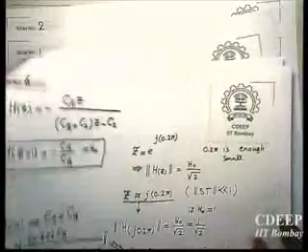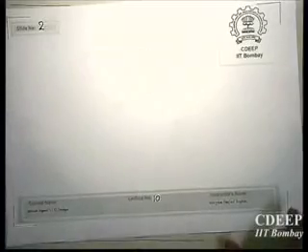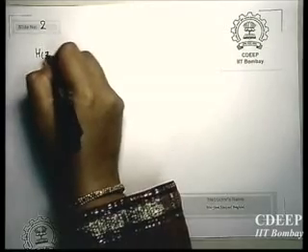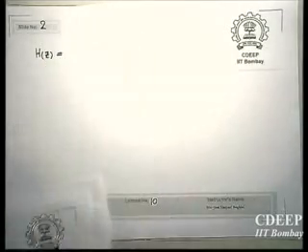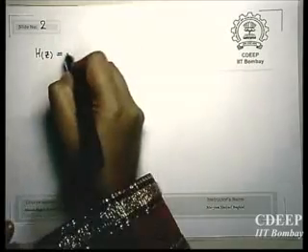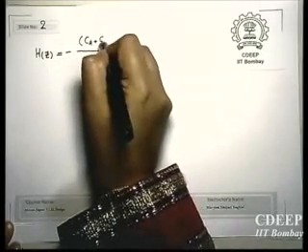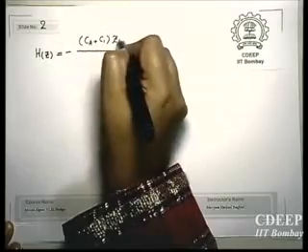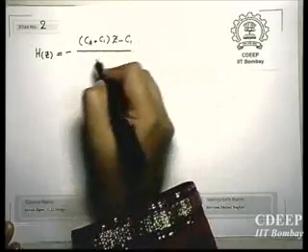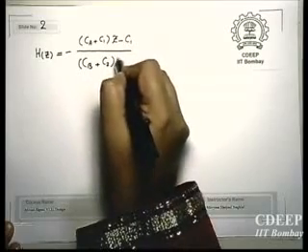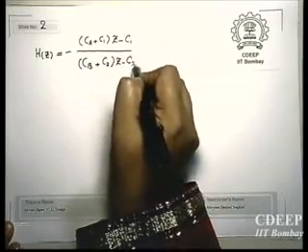So now the new transfer function H(z) considering both C1 and C2 will be minus (CA plus C1) into Z minus C1, over (CB plus C2) into Z minus C2.